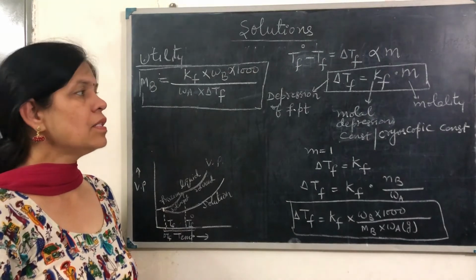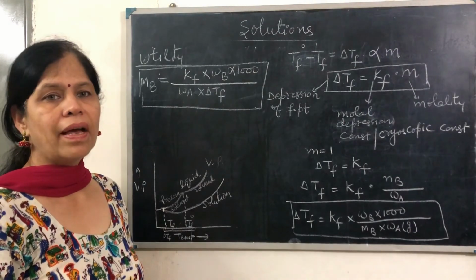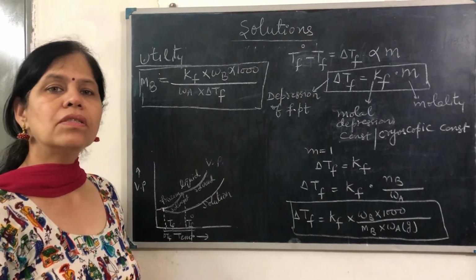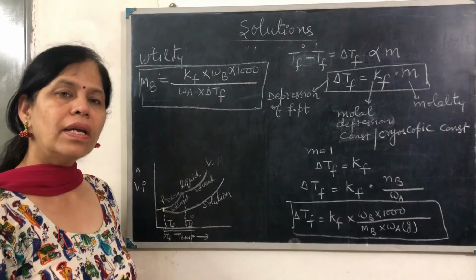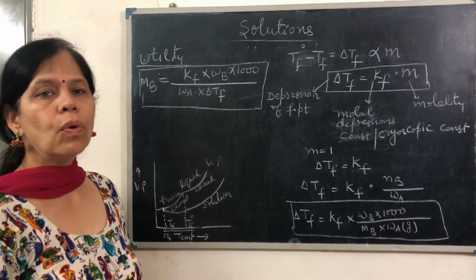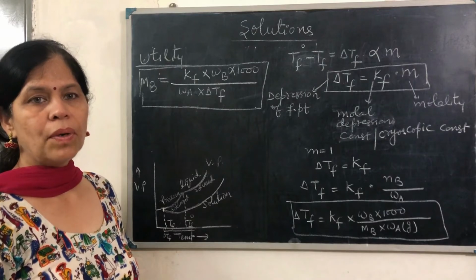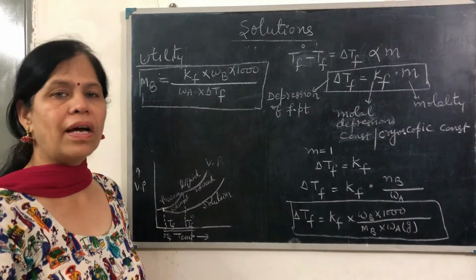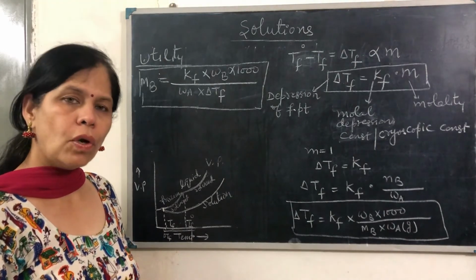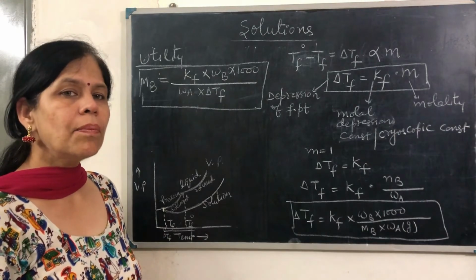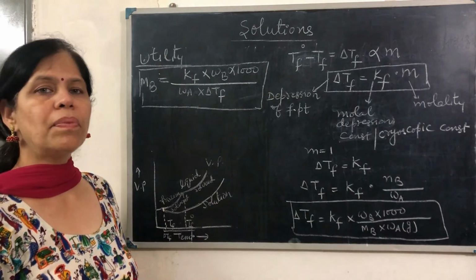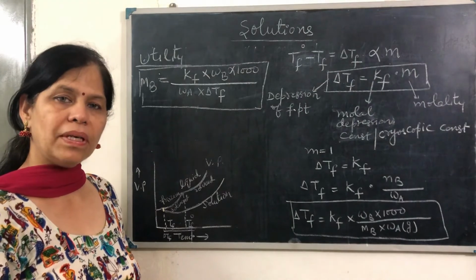So let me summarize what we have done today. We have done colligative properties of solution. First colligative property is relative lowering in vapor pressure, because it is equal to the mole fraction of solute. So P naught A minus PA upon P naught A is equal to XB.